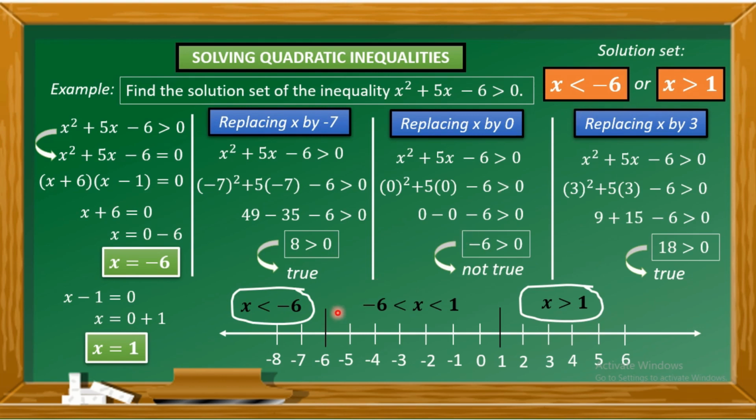All the numbers from negative 6 going to the left up to negative infinity are solutions of this inequality, except negative 6. This is not part. And all numbers from 1 going to the right, like 2, 3, 4, 5, 6, and so on and so forth, are part of the solution, except 1. So negative 6 and 1 are not included. Only numbers that are less than negative 6 and numbers that are greater than 1.